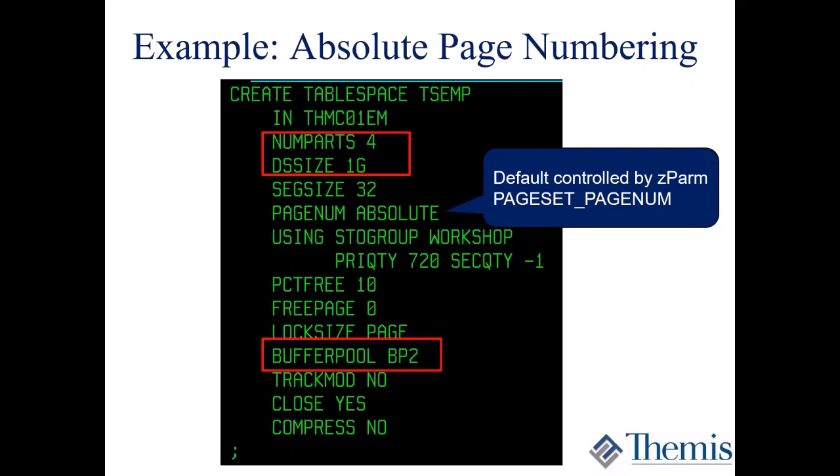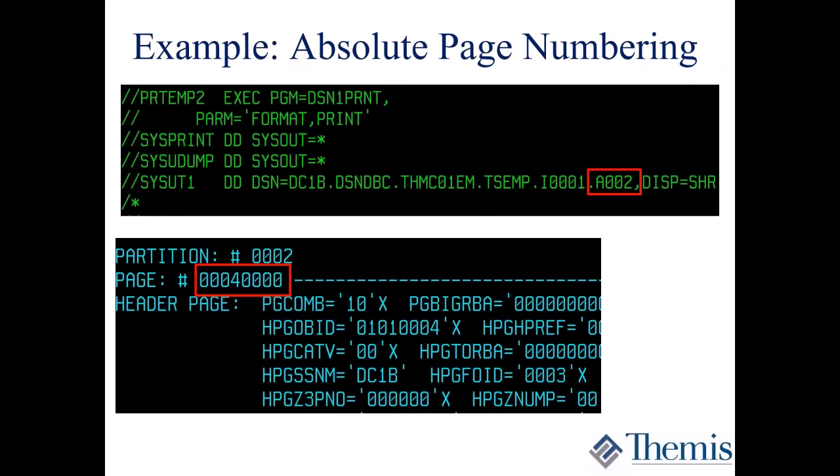I'm in a 4K buffer pool, with a DS size of 1 gig and only 4 partitions. I loaded some data into this and then did a DSN1 print. DSN1 print is a great little standalone service aid that does a formatted dump of what's in an underlying VSAM object.